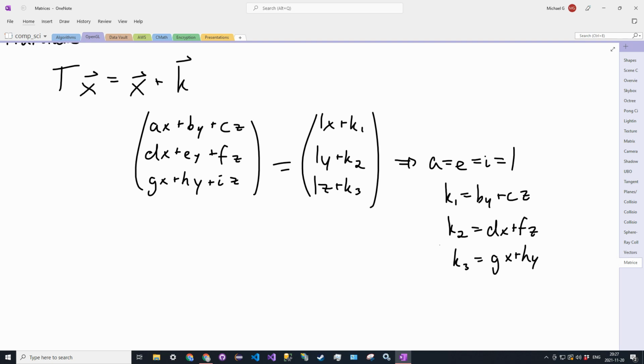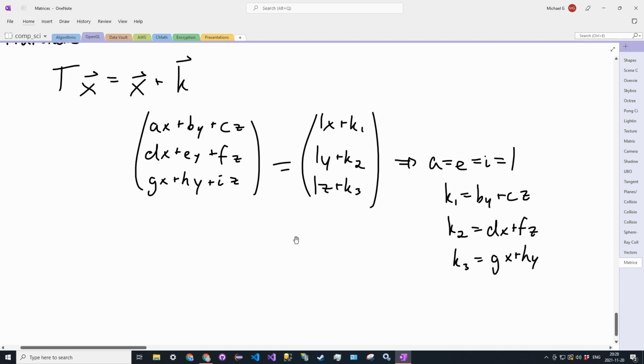There's no combination that works for every coordinate, because y and z can just change. We could move the object somewhere else, and the b and c would be invalid to find this k1.